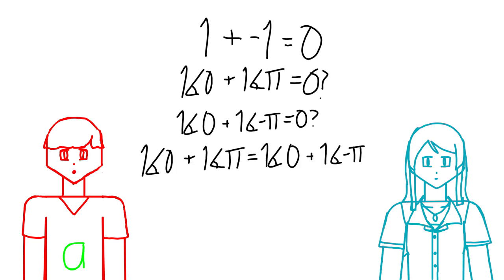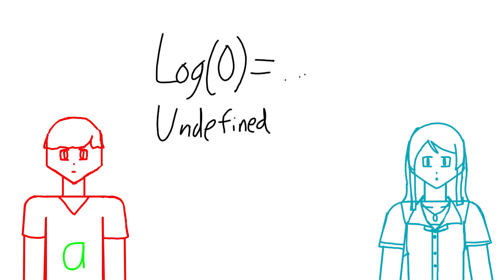However, this means 1 angle 0 plus 1 angle pi equals 1 angle 0 plus 1 angle negative pi. So 1 angle pi equals 1 angle negative pi, which is true for regular complex numbers, but not here. Yeah, in addition, you do remember what happens when you take the logarithm of 0. Complex or not, it's undefined.